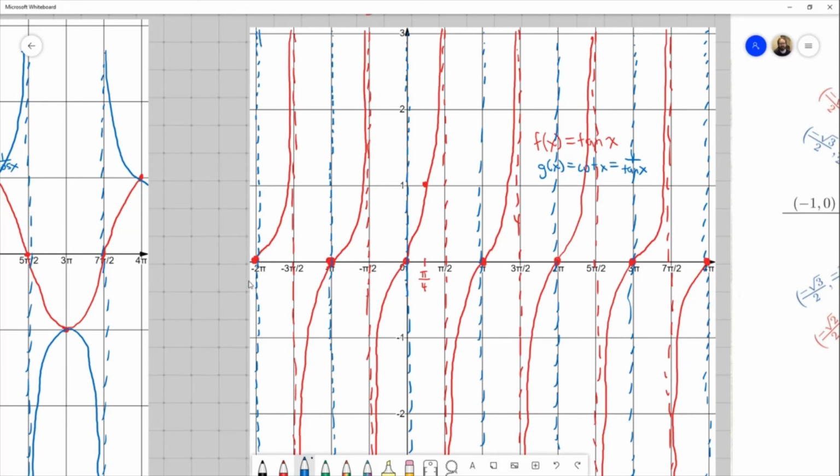And then as we move through the interval -2 pi to -3 pi over 2, the red graph gets very large and positive. Its reciprocal will get close to 0. So as we get closer and closer to -3 pi over 2, the blue graph will get closer and closer to 0.